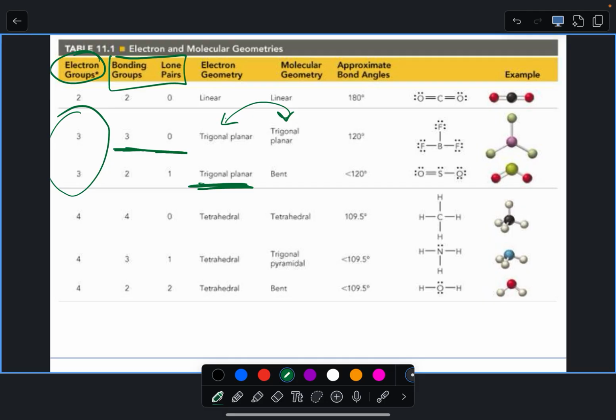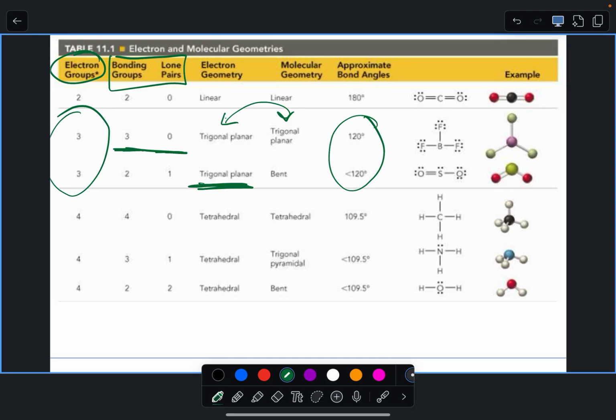And the angle, or at least the predicted angle, is always going to be based on how many groups there are. So if there's 3 groups, it's always going to be 120. It's just if there's a lone pair, it's a little bit less than 120.